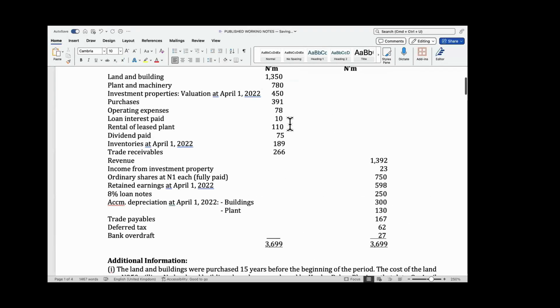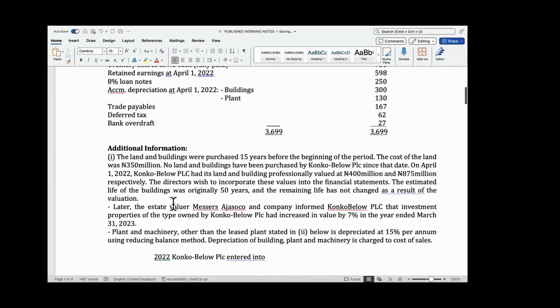Also, my finance costs: there are two finance costs here that I need to put together just to make my life easier later.